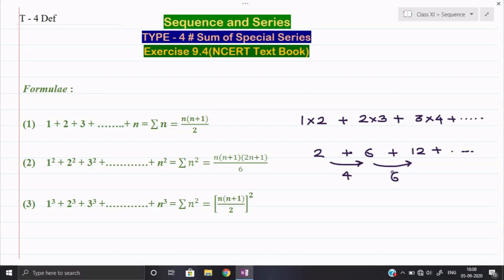But if you look carefully at such sequences, how shall we find the sum? This is called a special kind of series. If you want to find the sum of such a special series, first you observe the pattern. Now see, I am making some boxes.